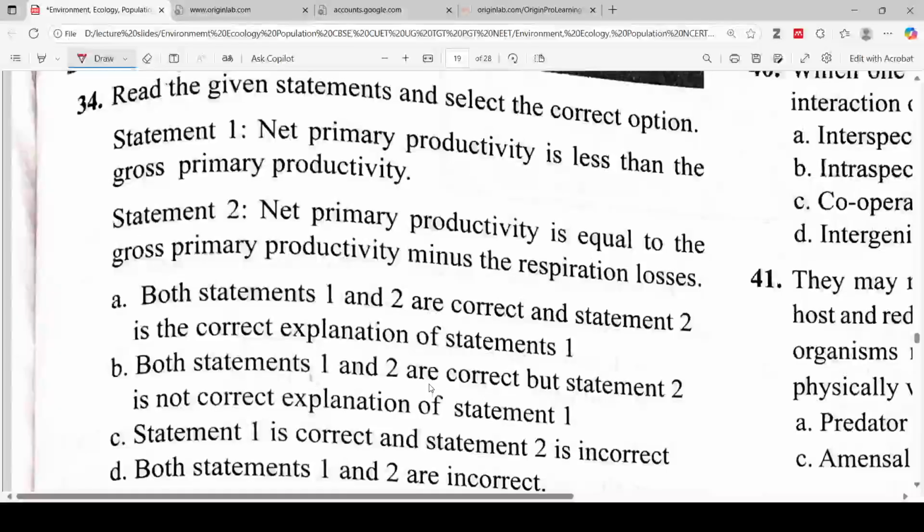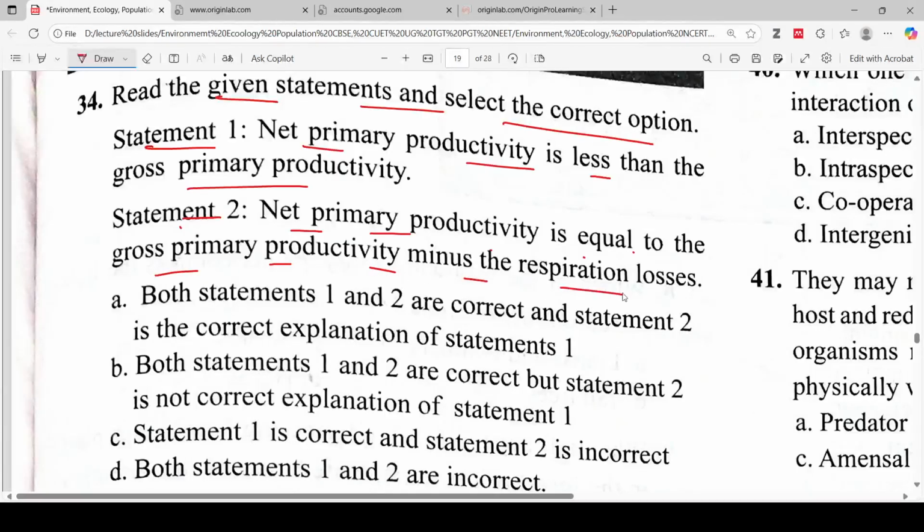So next question. Read the following given statements and select the correct option. Statement 1, net primary productivity is less than the gross productivity. Statement 2, the net primary productivity is equal to the gross primary productivity minus the respiration loss.